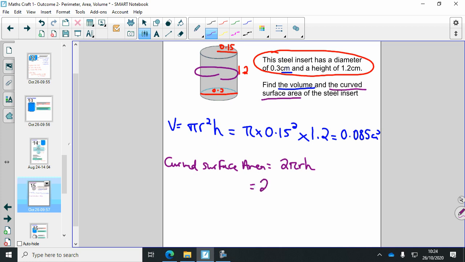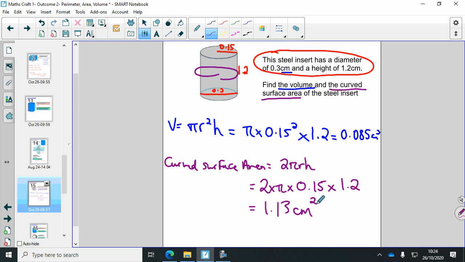So it's going to be 2 times pi times r, which is 0.15, times h, which is 1.2. Okay, and that gives me 1.13. We're in centimeters and surface area, so it's squared.